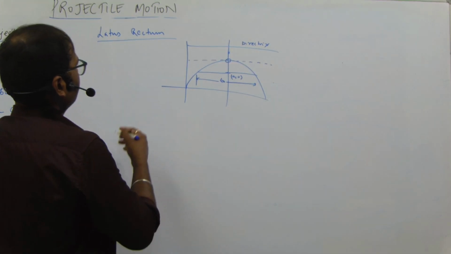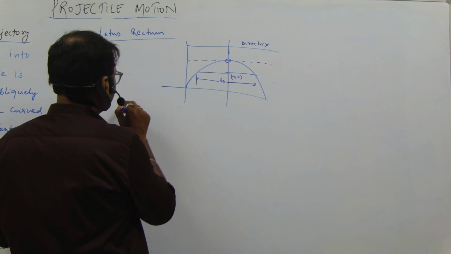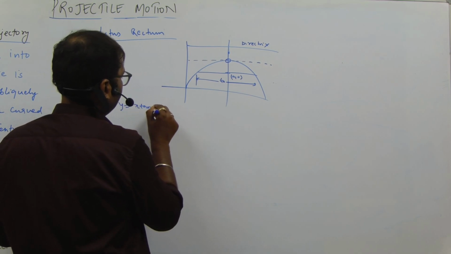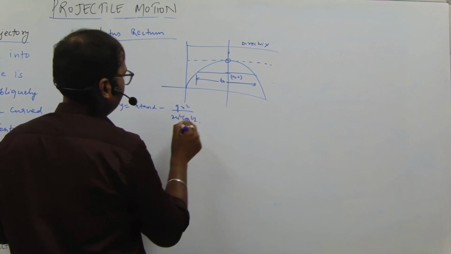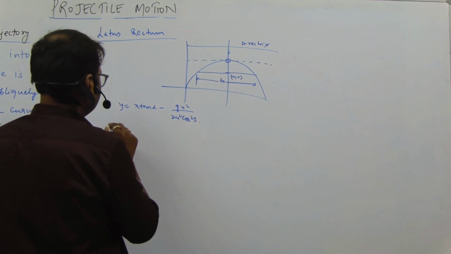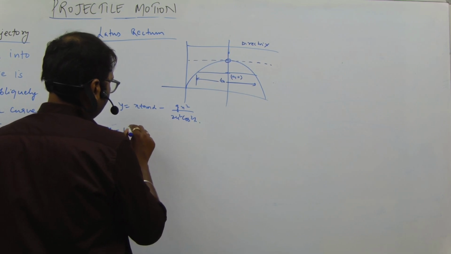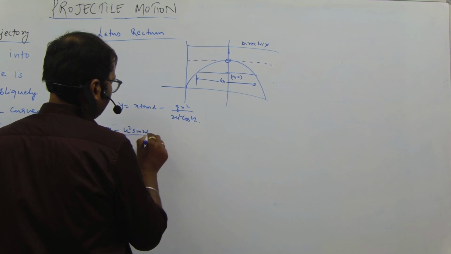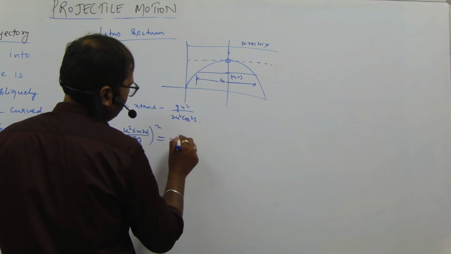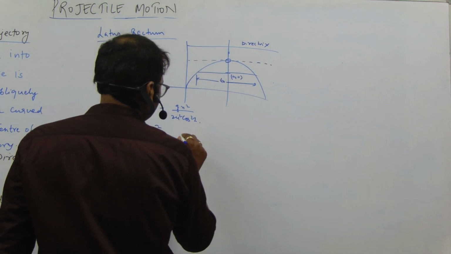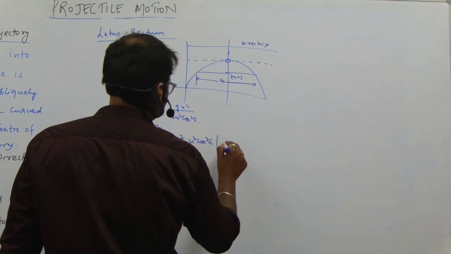Okay, so what we have seen, the equation of trajectory is y = x tan alpha minus gx square upon 2u square cos square alpha. And this can be further written as (x minus u square sin 2 alpha upon 2g) whole square is equal to minus 2 upon g into u square cos square alpha into (y minus k).